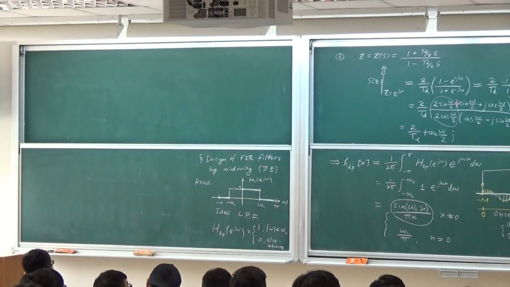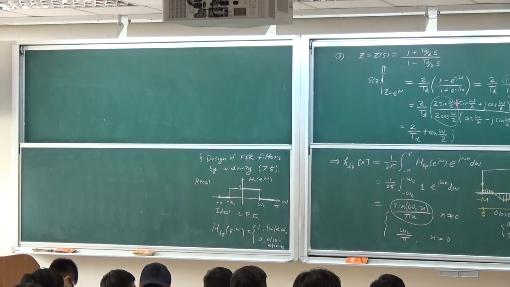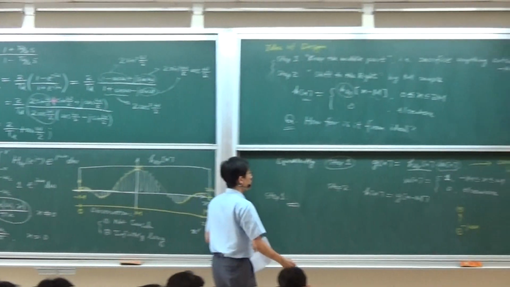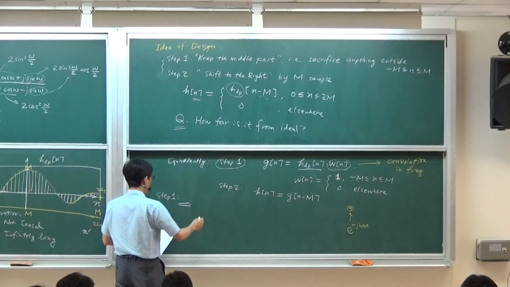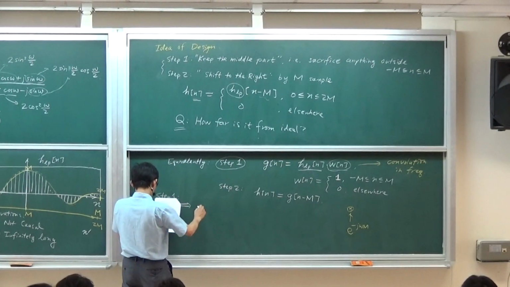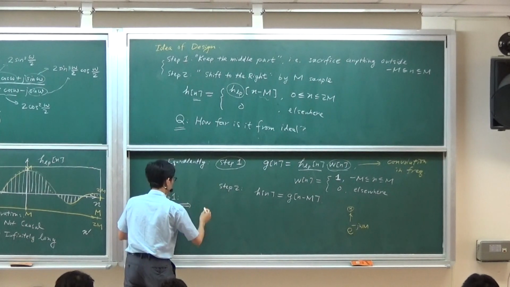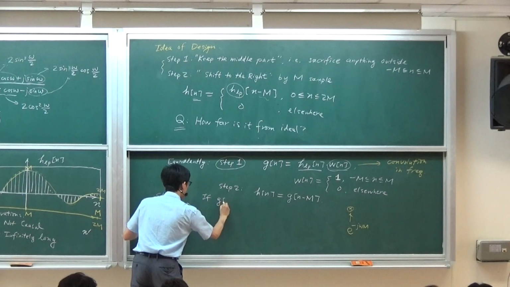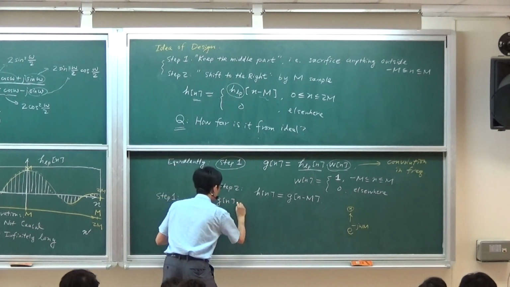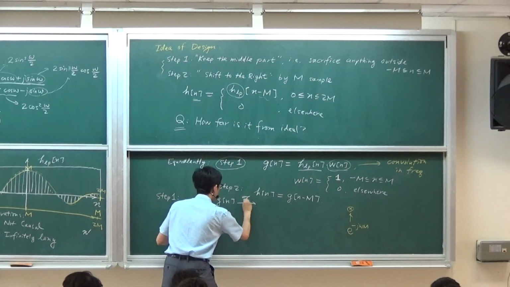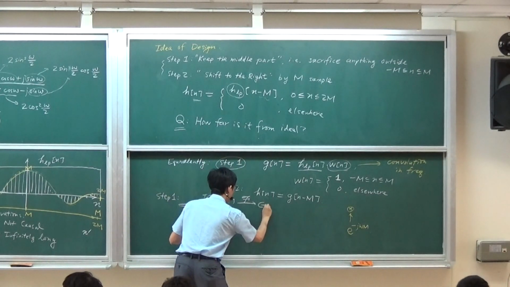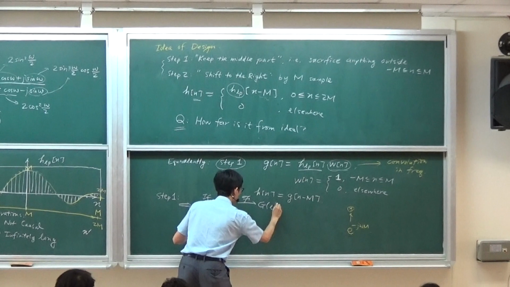So because of step one, what happens in the frequency domain is as follows. Let's say the DTFT of g[n] is denoted by G of e to the j omega, right?